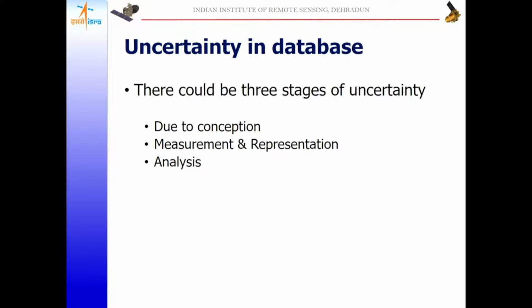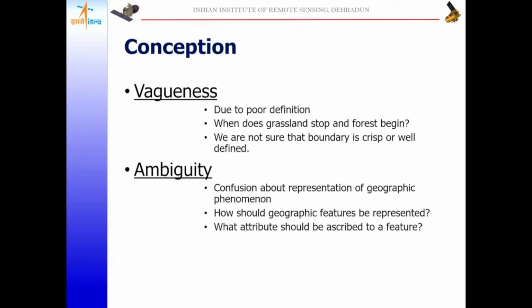Now there is uncertainty in this database. So there could be three stages of uncertainty. It may be due to the concept, measurement and representation, and the analysis part. When we talk about the concepts, there are two things, vagueness and ambiguity.